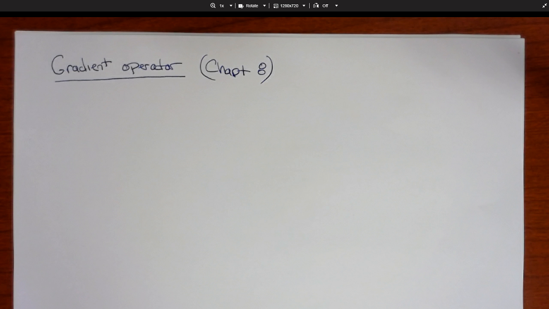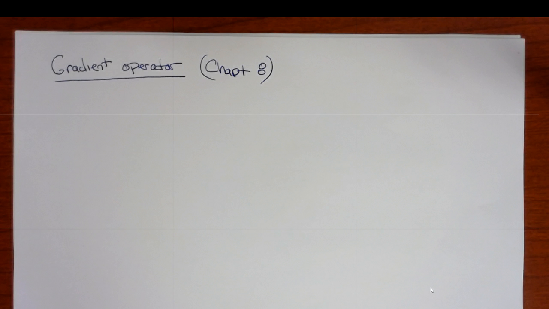All right. So I was going to talk about the gradient operator. What is going on here? Oh. Now this thing is not... All right.